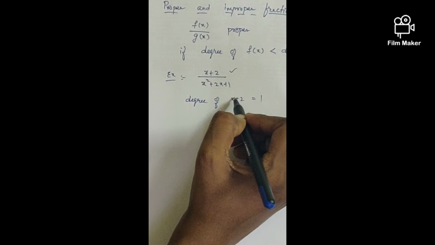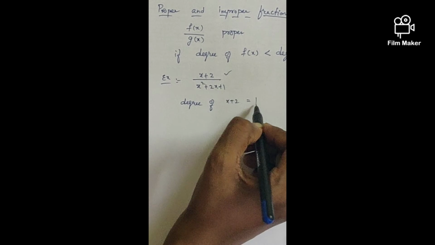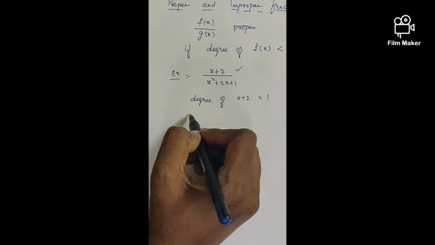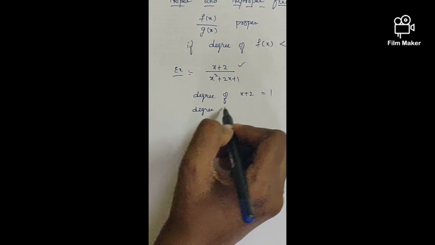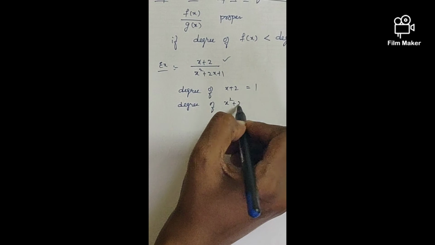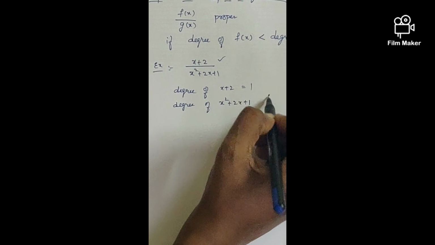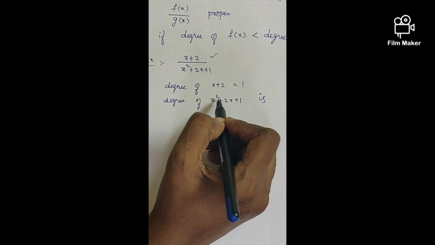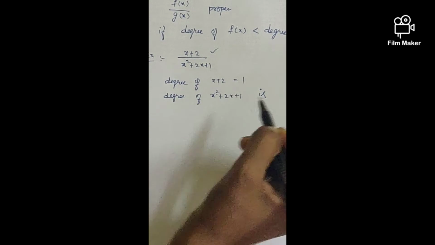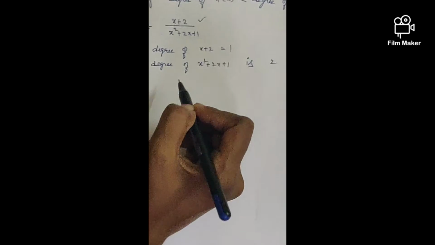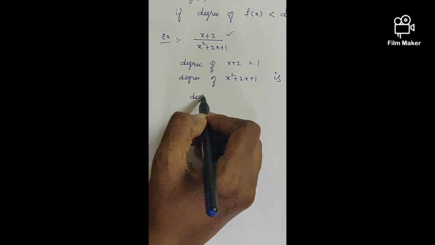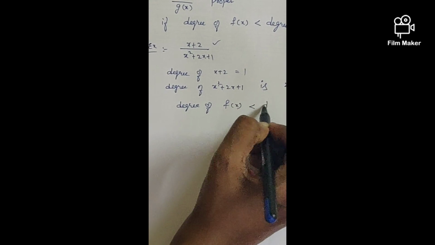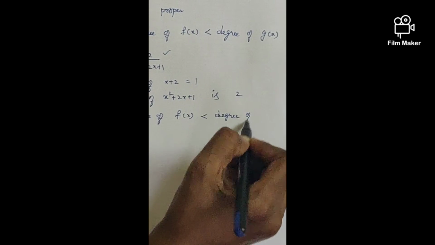Here the highest power of x is 1. So the degree of x plus 2 is 1, and for x square plus 2x plus 1, the highest power of x is 2. So the degree of f of x is less than the degree of g of x.